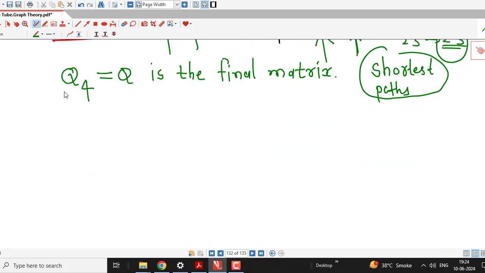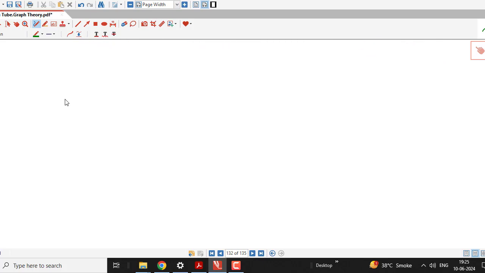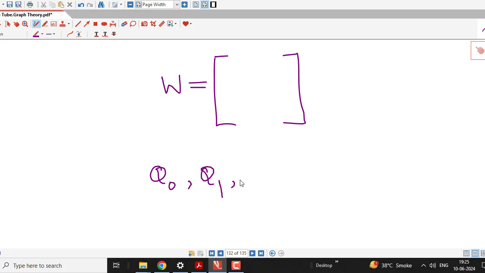So in this way we can use Warshall's algorithm to find the lengths of shortest paths between vertices or shortest paths between vertices. We can quickly summarize whatever we have understood. First we have to write down the matrix in which the entries are weights assigned to edges of the given graph. After that we have to find a sequence of matrices.